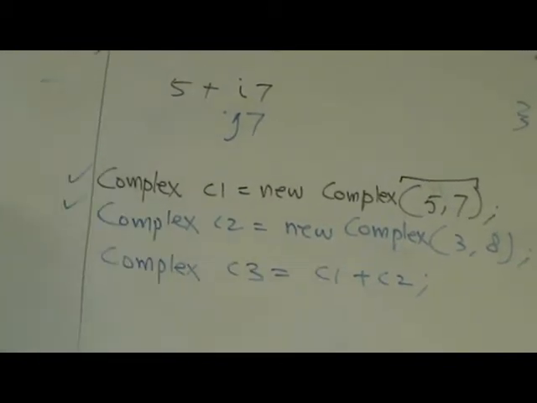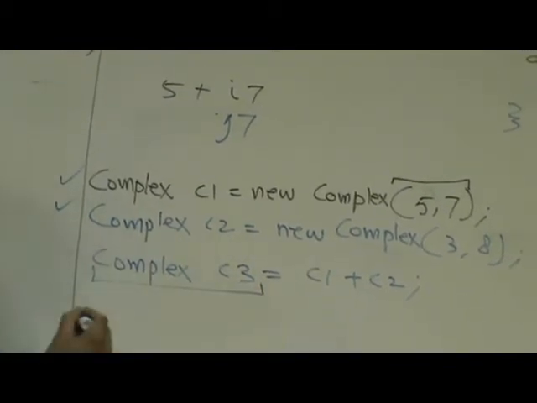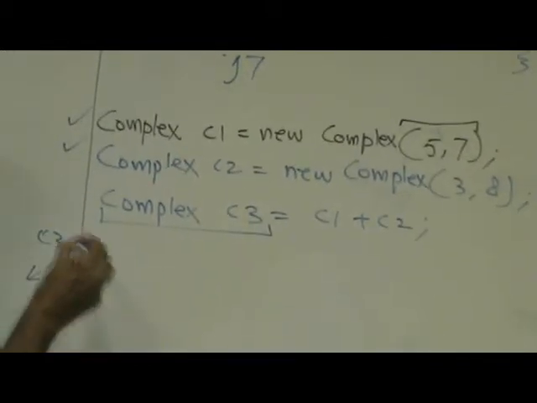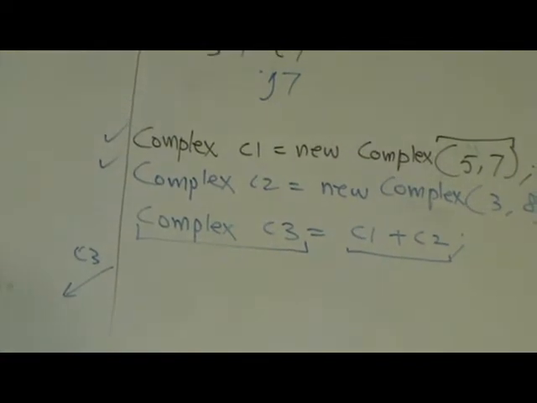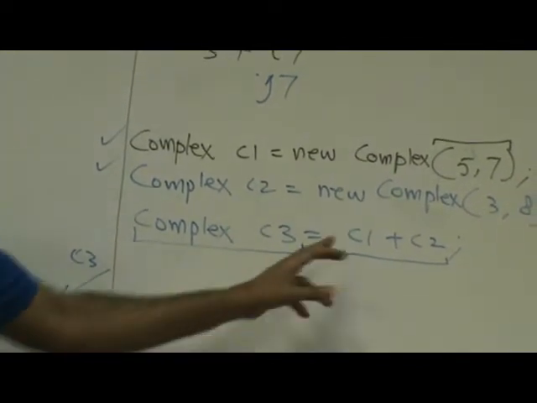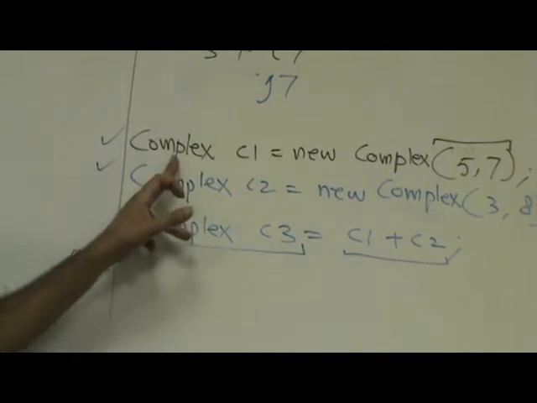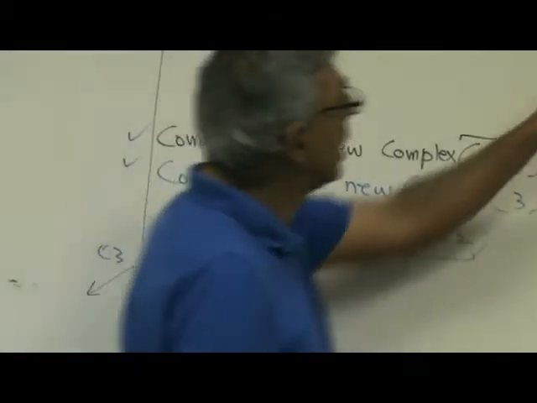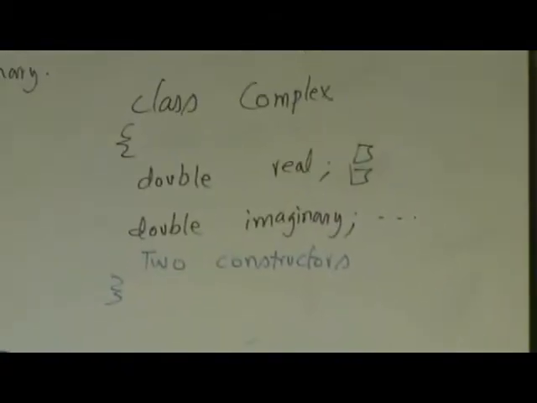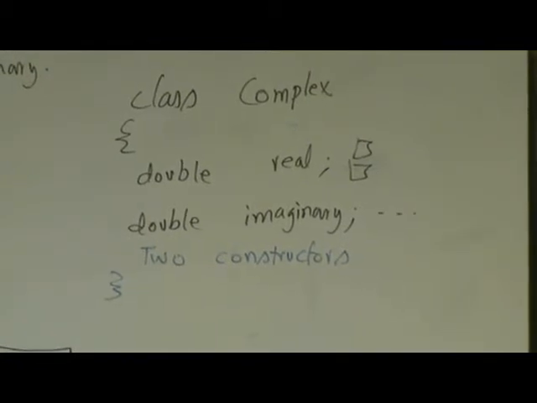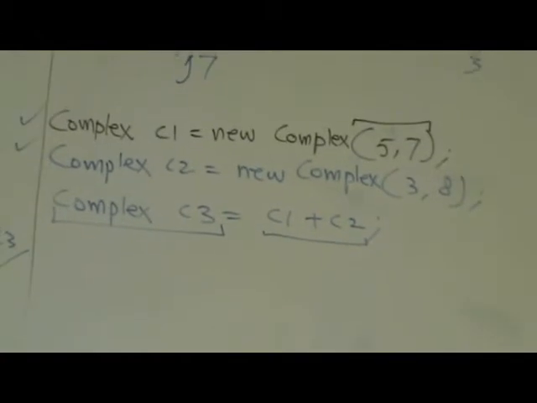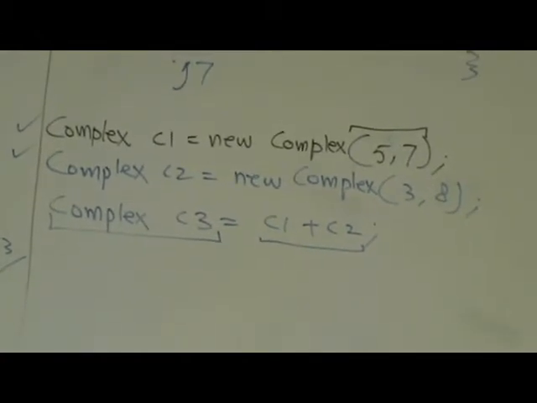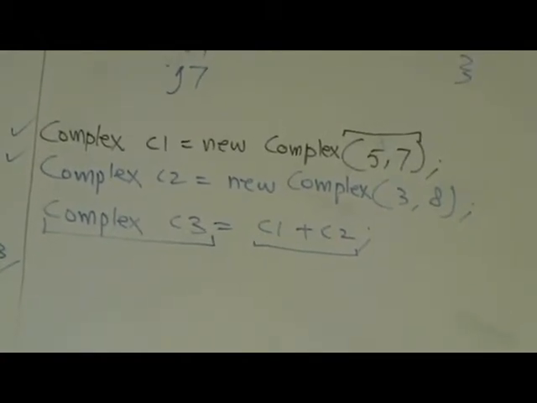Let's go to this line. Complex C3 just creates a reference called C3 equal to C1 plus C2. So see, this is where the compiler will check what is C1, complex. Then it will go to the class. Is there anything called plus over here? See, the compiler only knows how to add, as far as plus is concerned, integers or doubles or bytes, but it does not know how to add complex numbers.